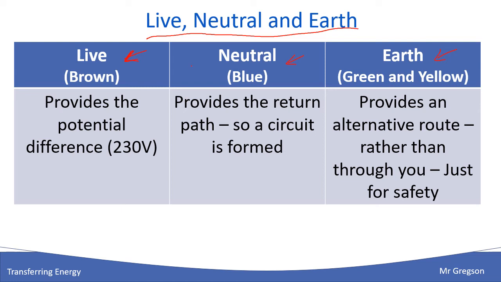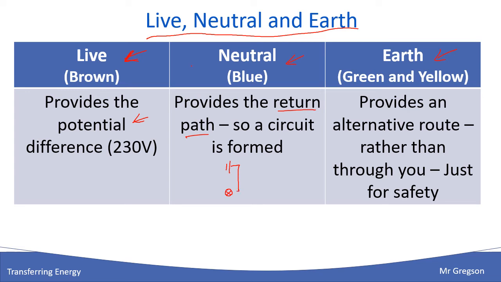Now, just very quickly, you need to have this information written down in your revision notes. The live provides our potential difference, the ability to do work. It's the one that will hurt you if you touch it. Our neutral is the return path. If we thought about, I'll try and draw it better this time, here's our light bulb.